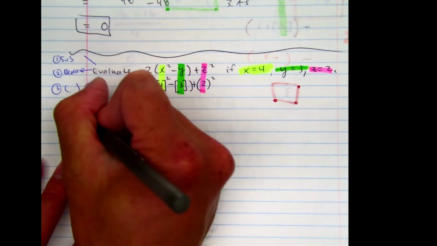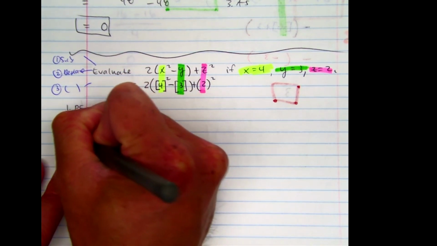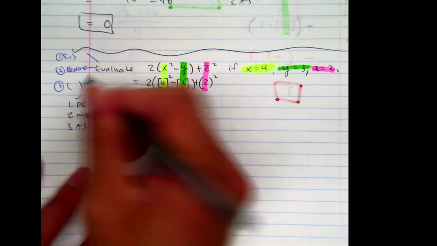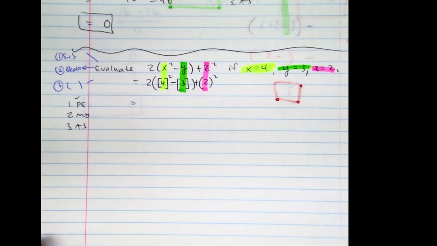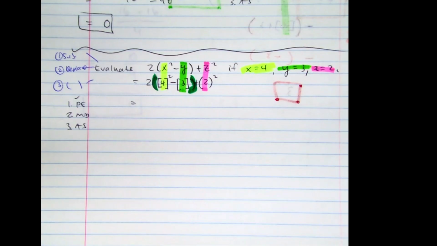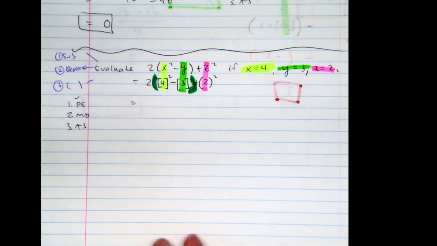All right, I gotta go through PEMDAS. What should I do first? So inside that parentheses, let's see if we can highlight it. Inside that green. Does that make sense? What should I do first? 4 squared. So I brought up a random calculator.